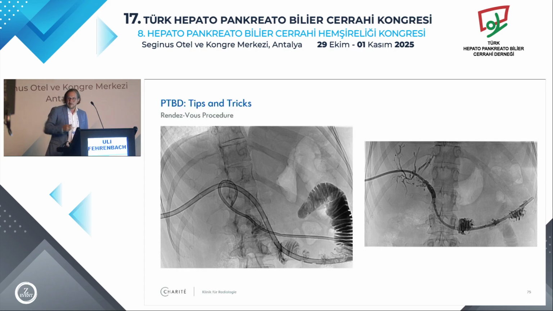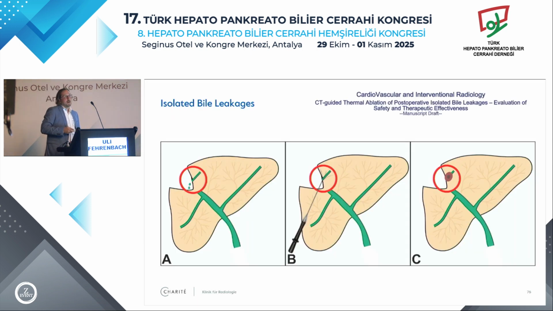So I'm already out of time, but only a few slides left of a very recent article from our group to treat isolated bile leakages. You sometimes have the problem after non-anatomical resections that there is bile leaking into the defect, but the biliary duct which is leaking is no longer connected to the biliary tree.